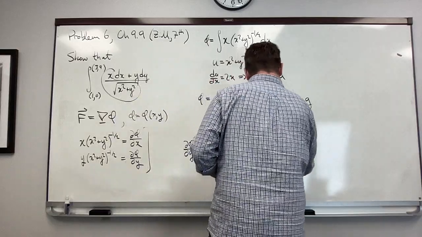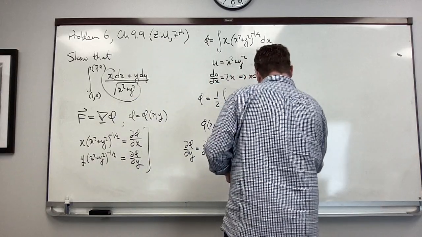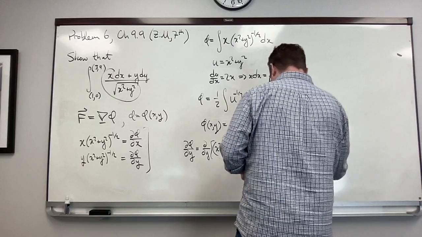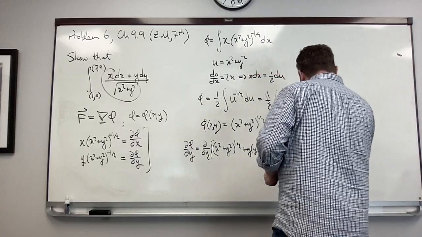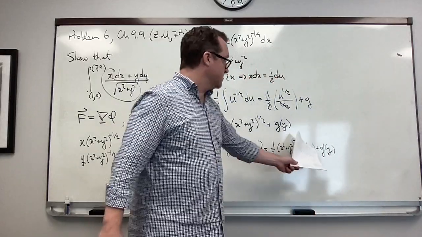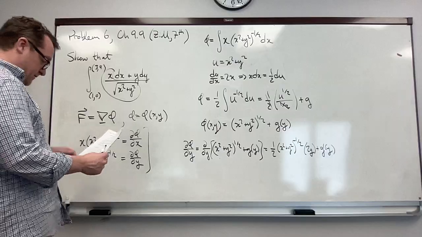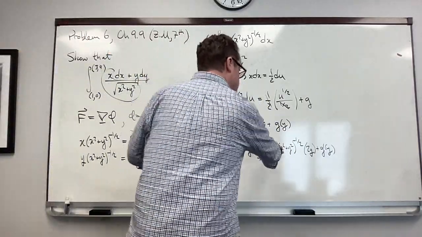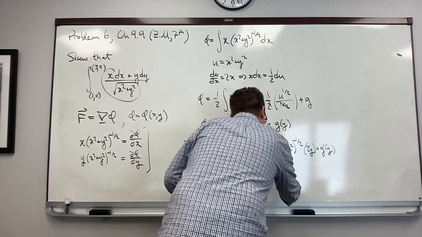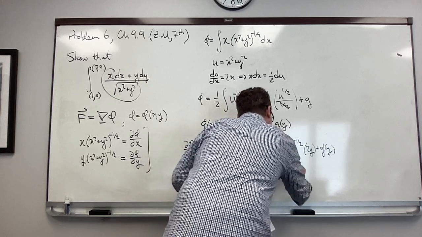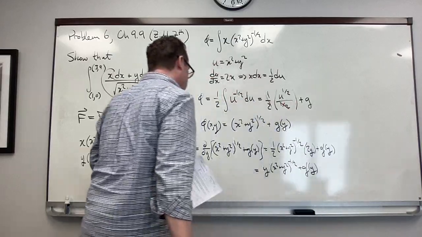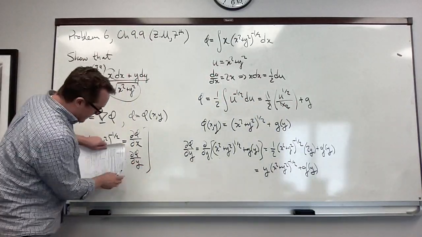So that equals 1/2 x squared plus y squared to the minus 1/2 times 2y plus g prime of y, right? All we know is the derivative is g prime of y, that's its derivative. So that equals, I'm just using this form here, y over the square root of x squared plus y squared plus g prime of y. Okay? That's what I got. That's this side of the equation.